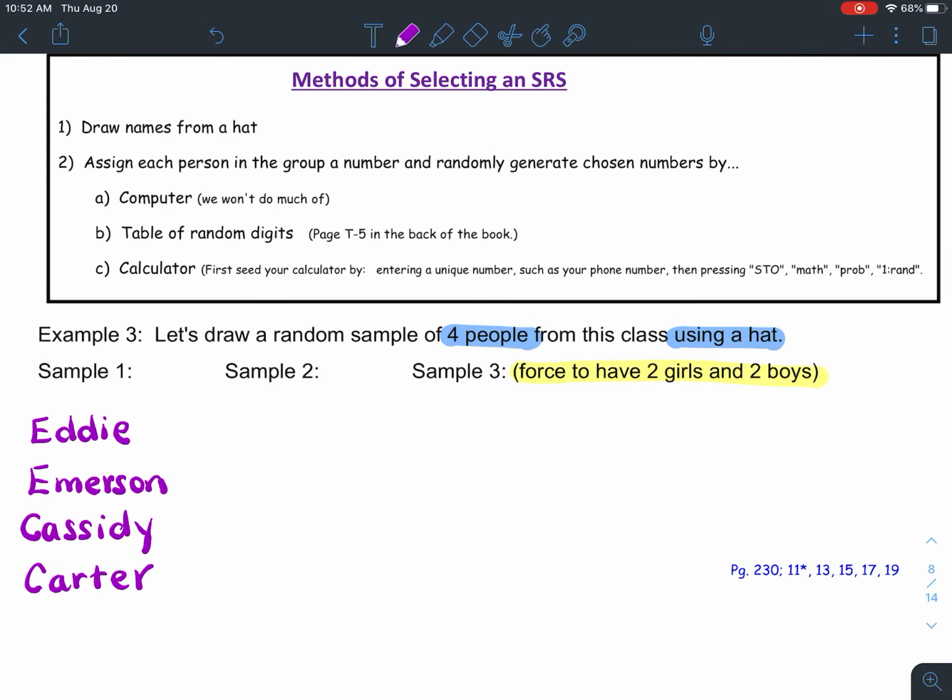Okay, so let's say that I do that, and let's say that the 2 girls' names that I choose are Hannah P and Hannah G. Okay, so I randomly selected you from just the girls, and let's say that the 2 boys are Blake, and let's just say that Carter got chosen again, okay, for this separate sample here.